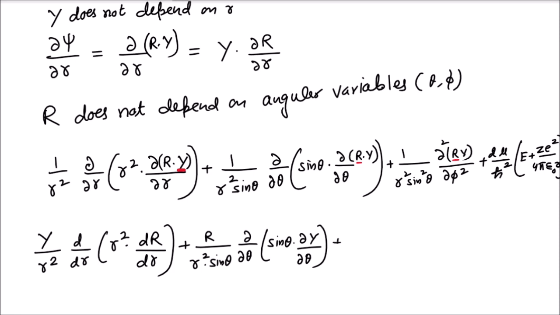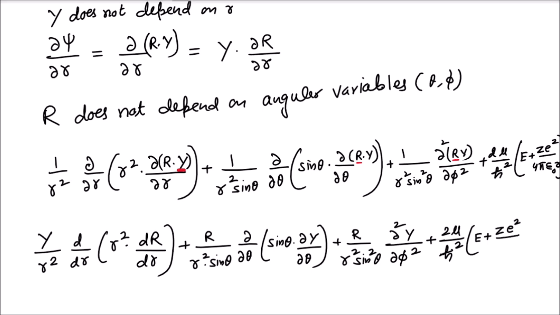Plus 1 upon r square sine square theta, now R is out of the derivative, second derivative of Y with respect to phi, plus 2 mu upon h bar square, E plus Z e square upon 4 pi epsilon naught r into R Y, okay, equal to 0.